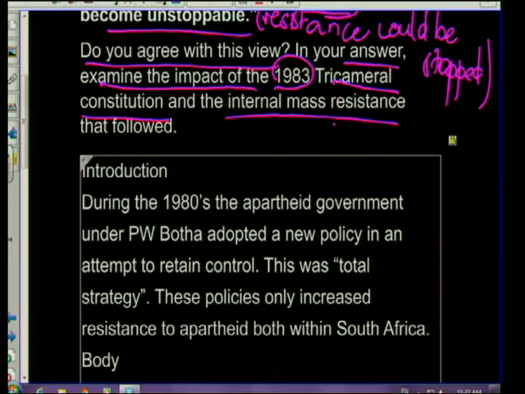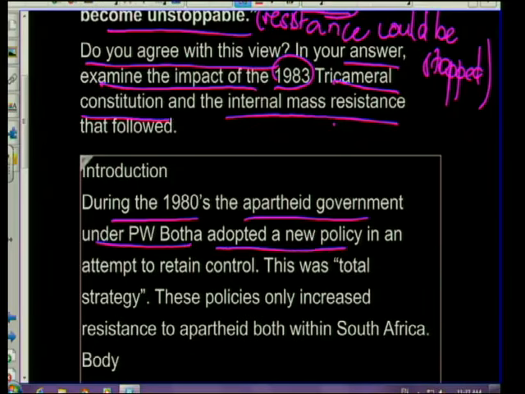So let's look at the information that you need to include in your essay. In your introduction, let's have a look at what you should have. During the 1980s, the apartheid government, because that is what we're talking about, under P.W. Botha, adopted a new policy in an attempt to retain control. This was the total strategy.